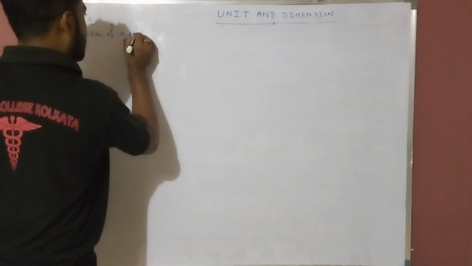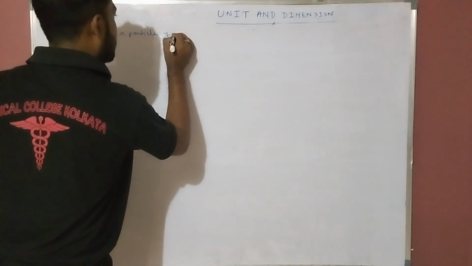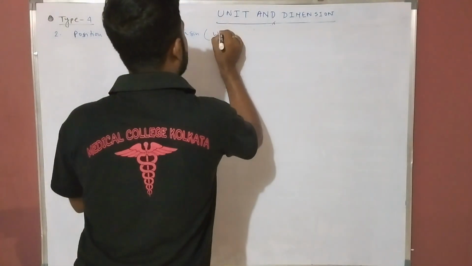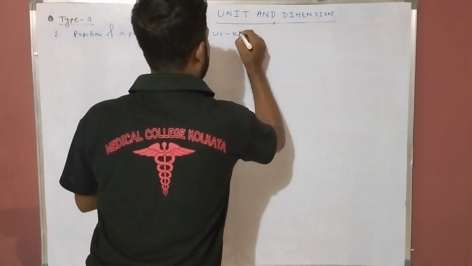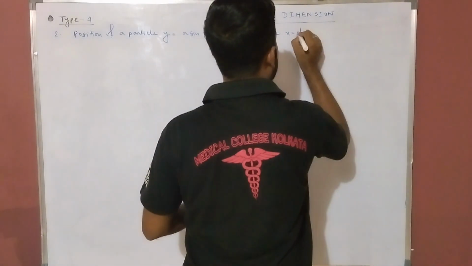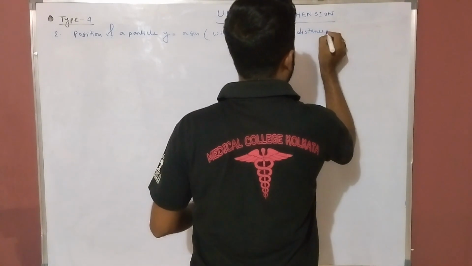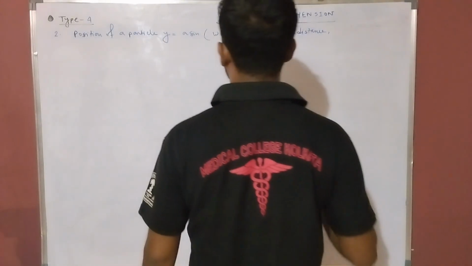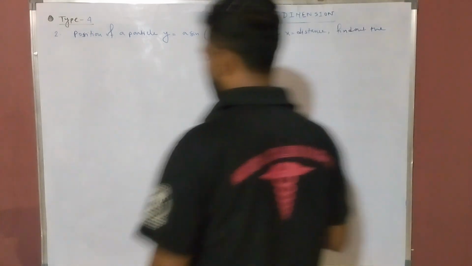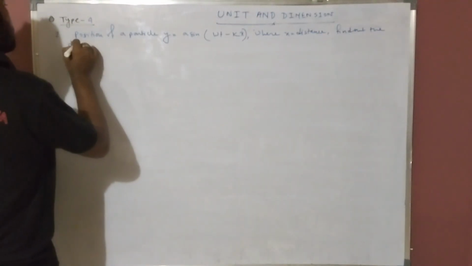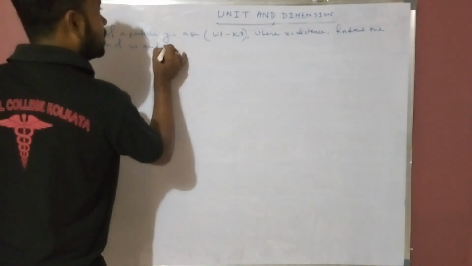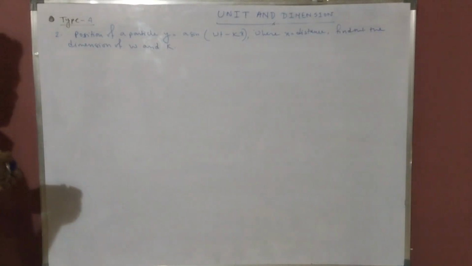Position of a particle y is equal to a sin omega t minus kx, where x is equal to distance. Find out the dimension of omega and k. This is the question.